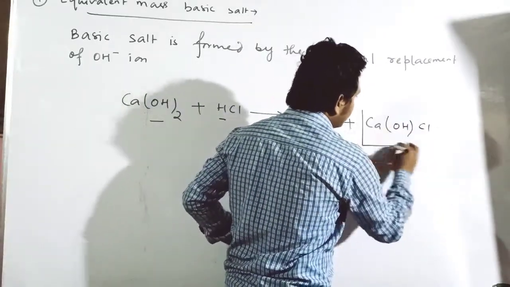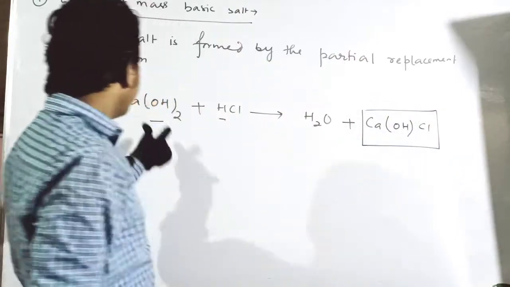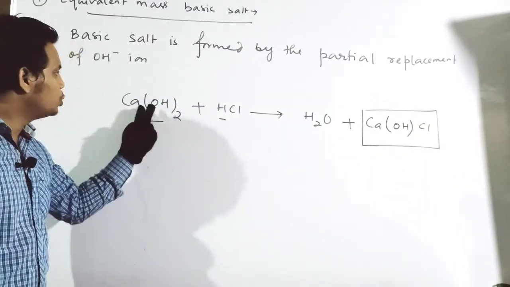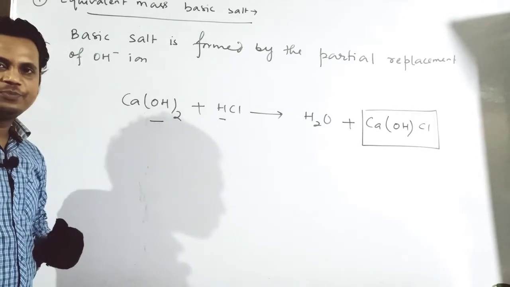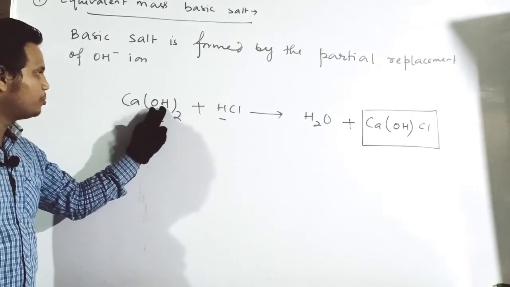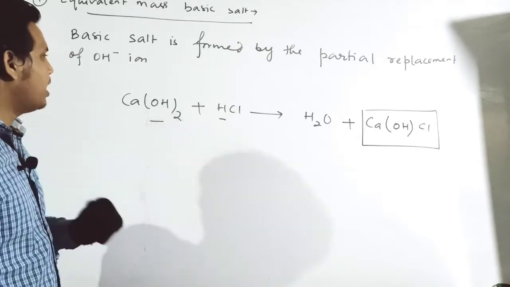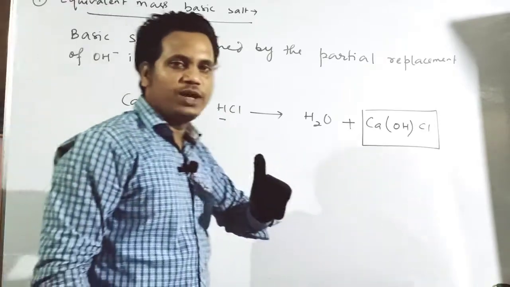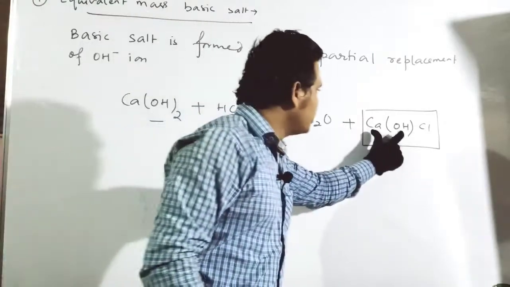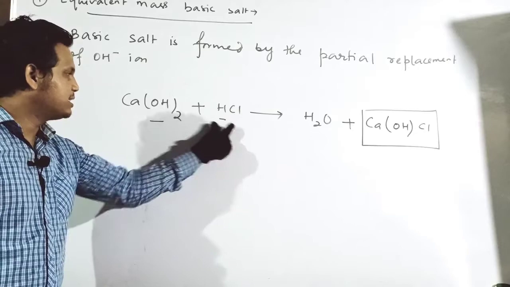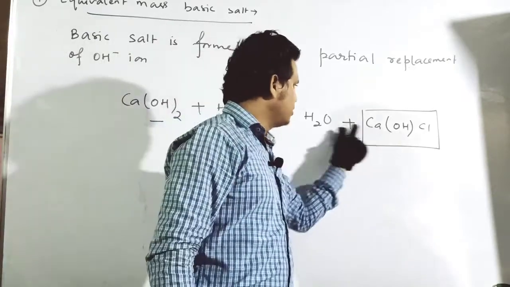So here calcium has the option that it can give 2 OH negative ions, but it has given only 1. This is acid, this is base, and we get salt and water.